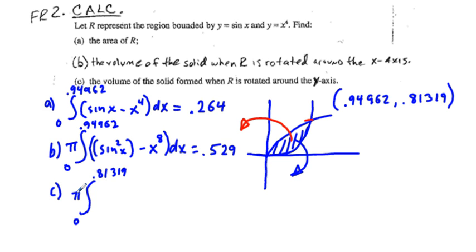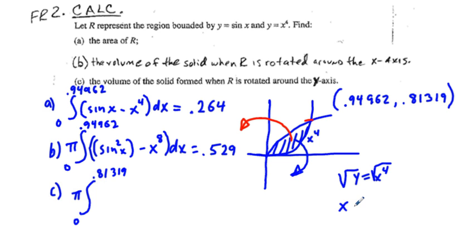And then we have to take the top function, which is x to the fourth, minus this one here, which is going to be, let's see, in terms of y. So what are the functions going to be in terms of y? Well, if we put y equals x to the fourth, and take the fourth root of both sides, we solve for x.